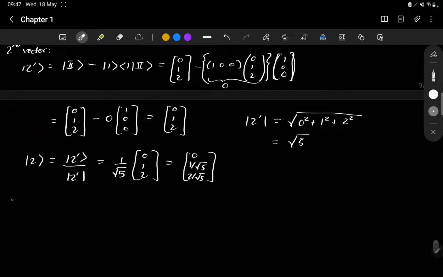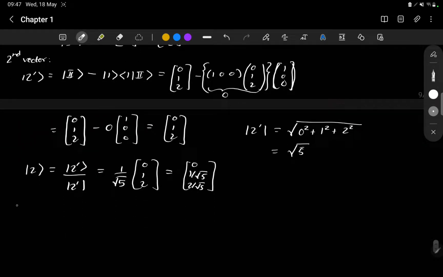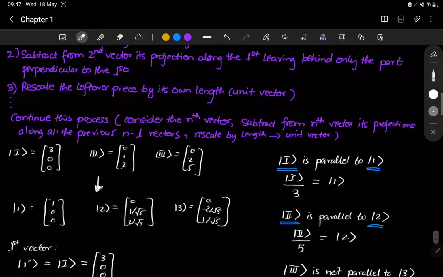Now similarly for the third vector, what does the process say? The process says continue this process, that is, consider the nth vector and subtract from it its projection along the previous vectors.